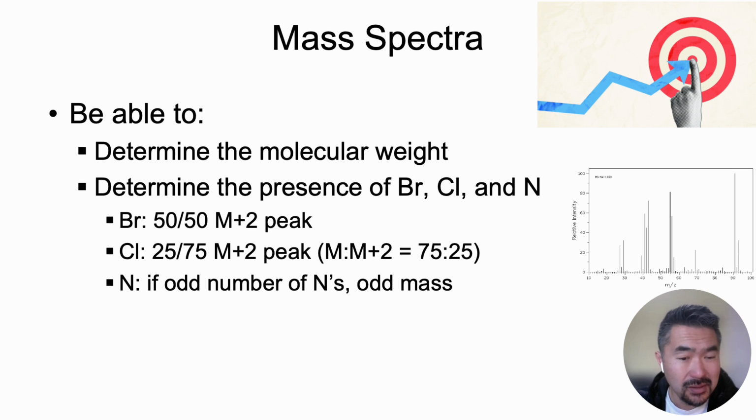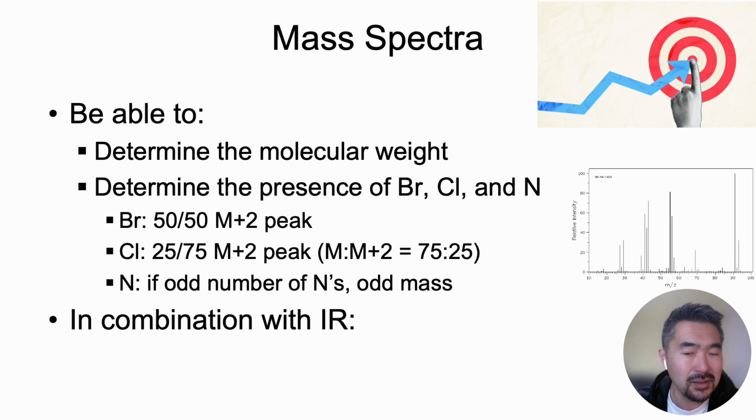For that reason, the molecular weight or molecular mass, even the monoisotopic mass, is going to be an odd number, like 147 or something like that. Now, if you have 2 nitrogens, the molar mass is going to be, unfortunately, an even number, and you can't tell. But nitrogen has that unique property: if you have an odd number of nitrogens, you have an odd mass.